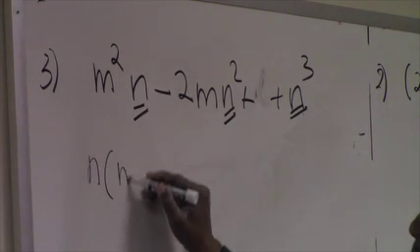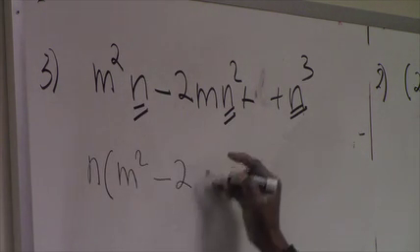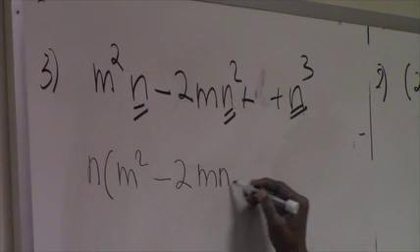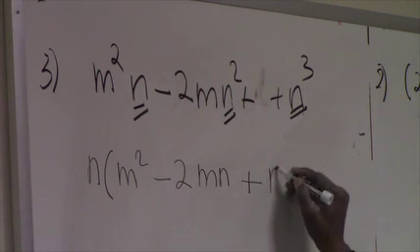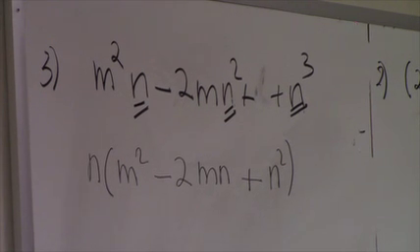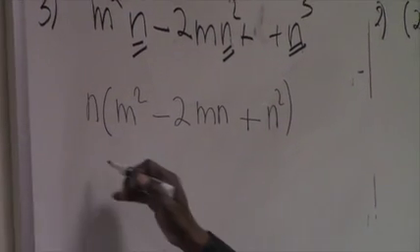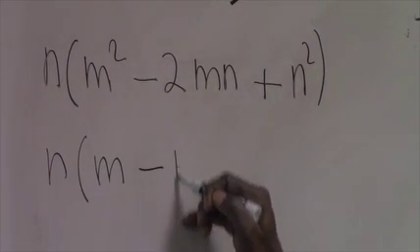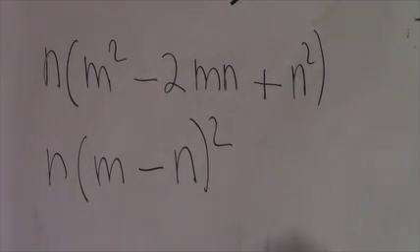That means we'll be left with m squared minus 2m. We take an n from here, so we're going to be left with just an n plus what? n squared. Now, this is a trinomial in here, and from what I'm seeing, it's a perfect square trinomial. So look, what do we have here? m minus n.